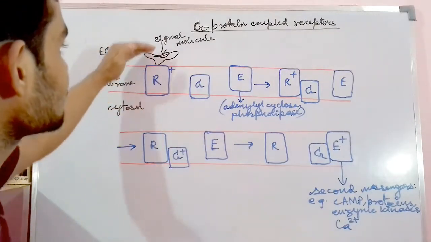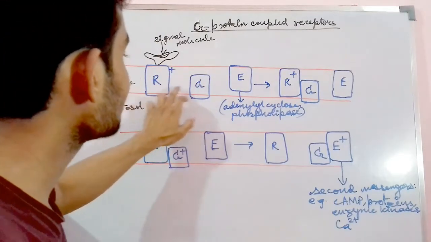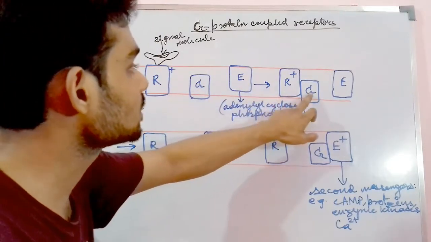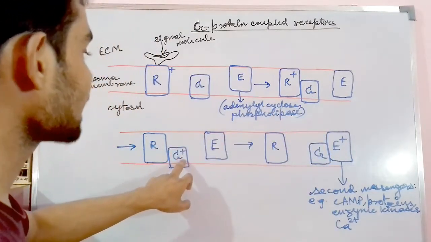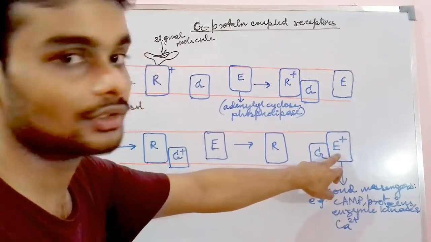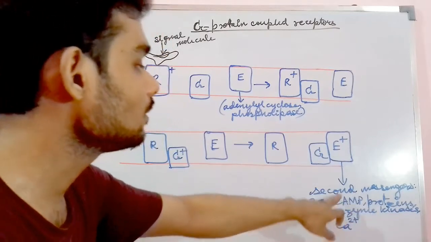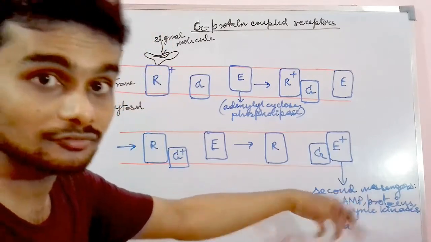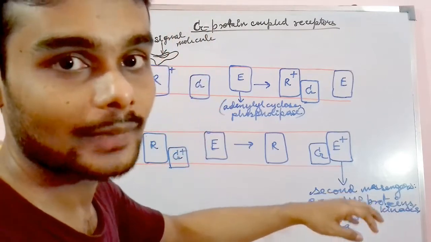So firstly, the receptor gets activated by the signal molecule, and the receptor molecule, after getting activated, in the next step moves to the G protein molecule. Now this G protein molecule in the third step gets activated. The activated G protein molecule in the fourth step moves towards the effector molecule and activates it. The activated effector molecule then brings about the formation of the secondary messenger molecules, and thereby manifests their role.